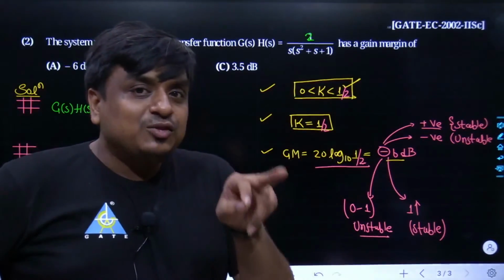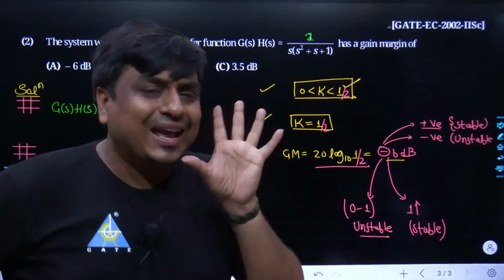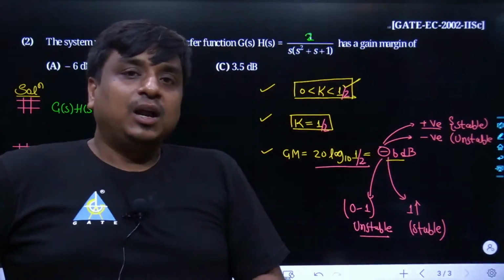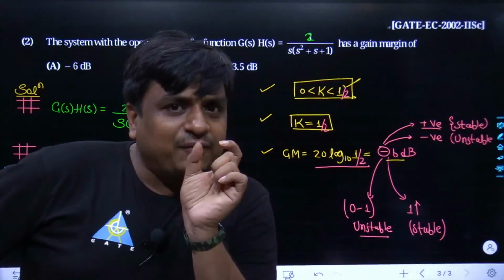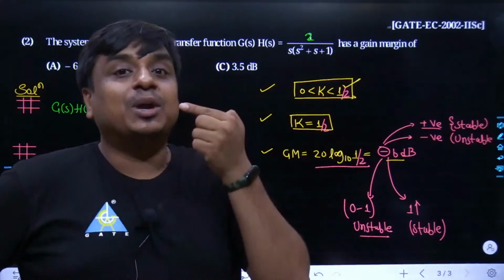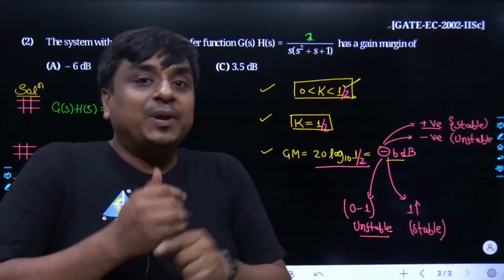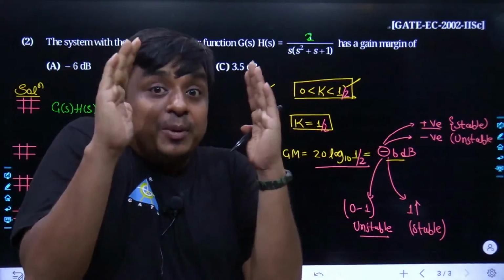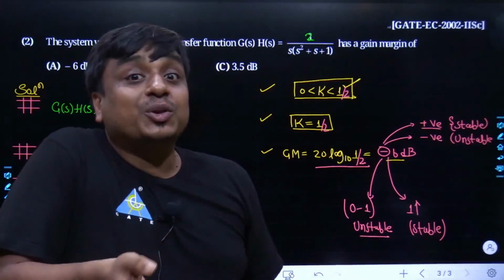If the gain margin is in between 0 to 1, what does that actually mean? That means the encirclement has already been made. But now with the multiplier factor, let's take between 0 to 1, 0.5. If 0.5 is multiplied to the OLTF, the complete Nyquist plot would shrink by half. And now probably minus 1 plus j0 is not going to get encircled.